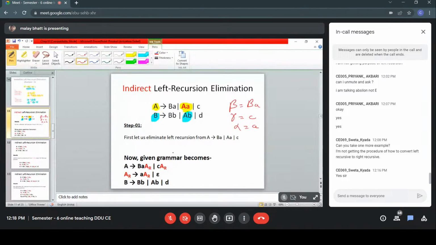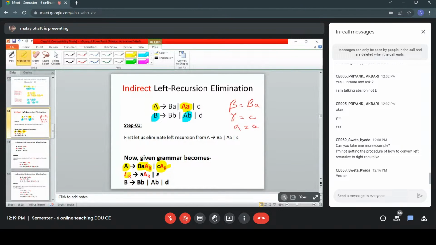So now if we apply that, right, A gives beta AR, so it is capital BA and AR, a new non-terminal, and gamma AR, so gamma is your C. Now for AR we'll write the remaining portion.